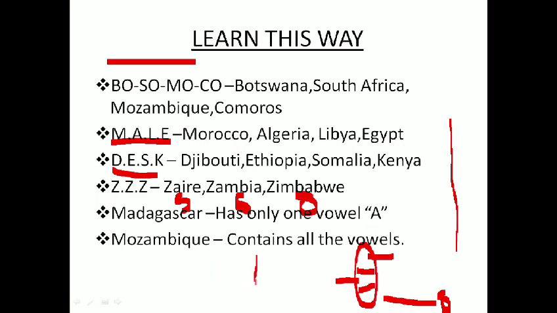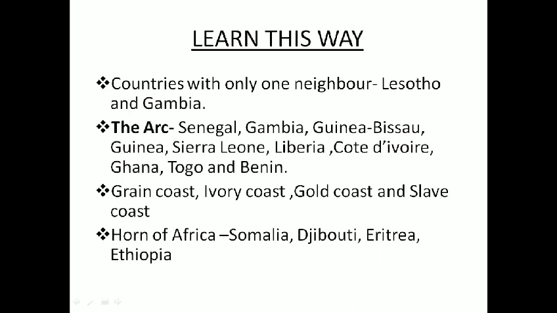If this is Madagascar, just opposite to it on the mainland of Africa is Mozambique. They are separated by the Mozambique Channel. Okay? Learn this way. Countries with only one neighbor also make for unique countries.